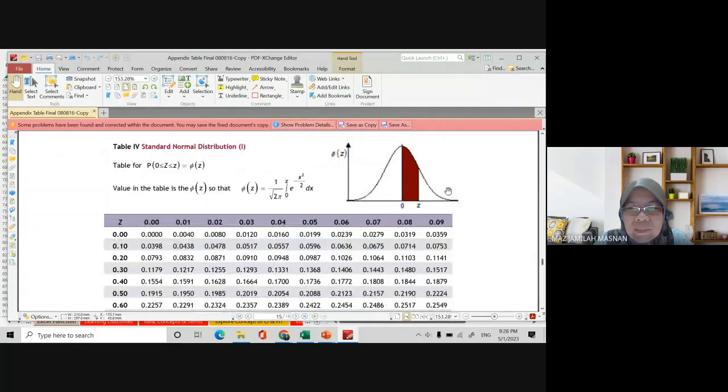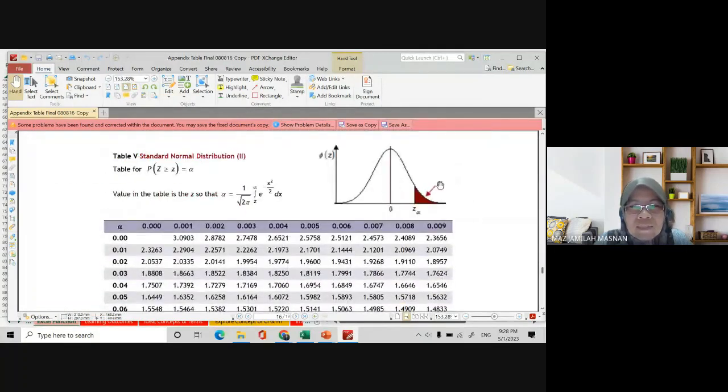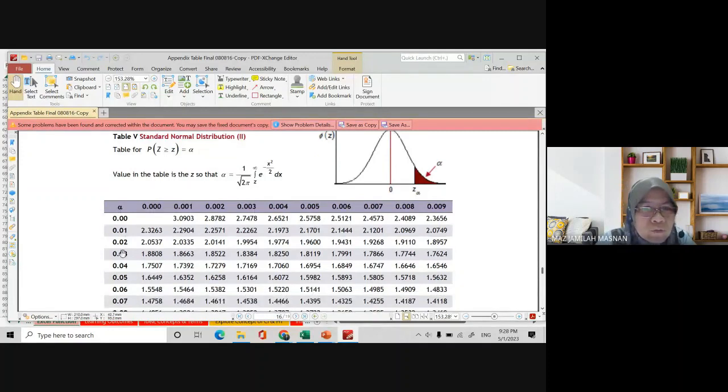Why 1 minus? Because we want to find for the alpha over 2, and for that one we are going to use the right tail, this one, right? The given alpha is 0.05. Since we need to find the two tails, we divide by 2, so 0.05 becomes 0.025.